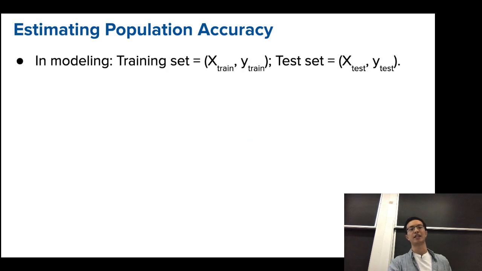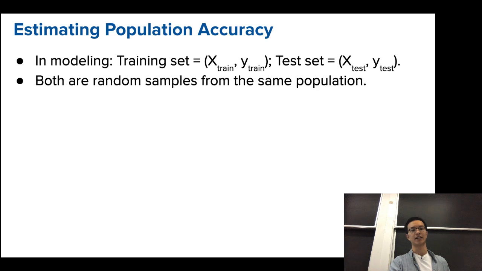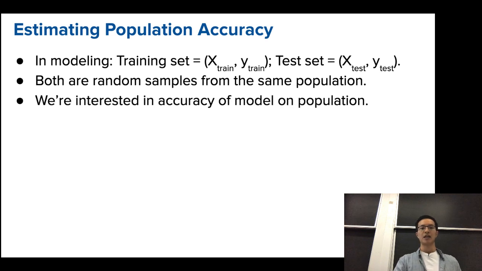Now in modeling, I have a training set and a test set, and if we assume that both of these are random samples from the same population, we might be interested in the accuracy of our model on the population. In other words, we can take our model and fit it to some training data, and we want to know how well my model will do when it graduates from my little notebook here and goes to do some stuff in the real world.